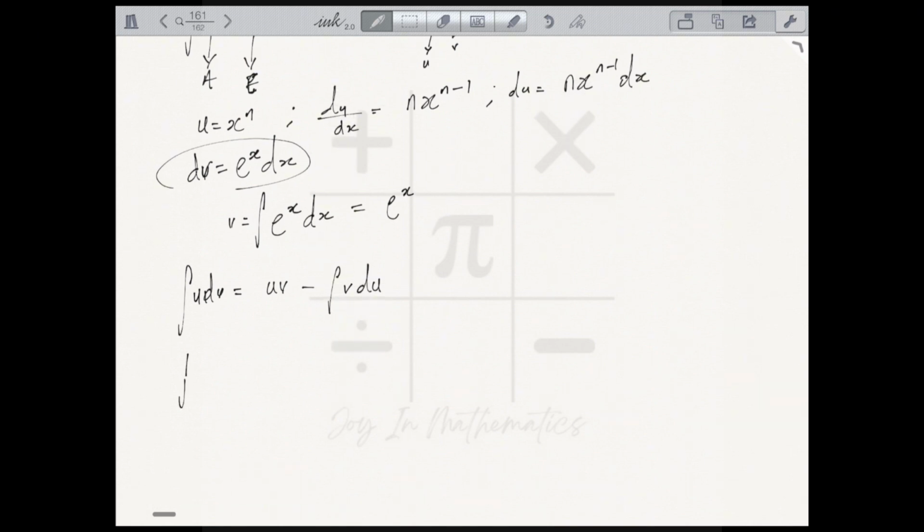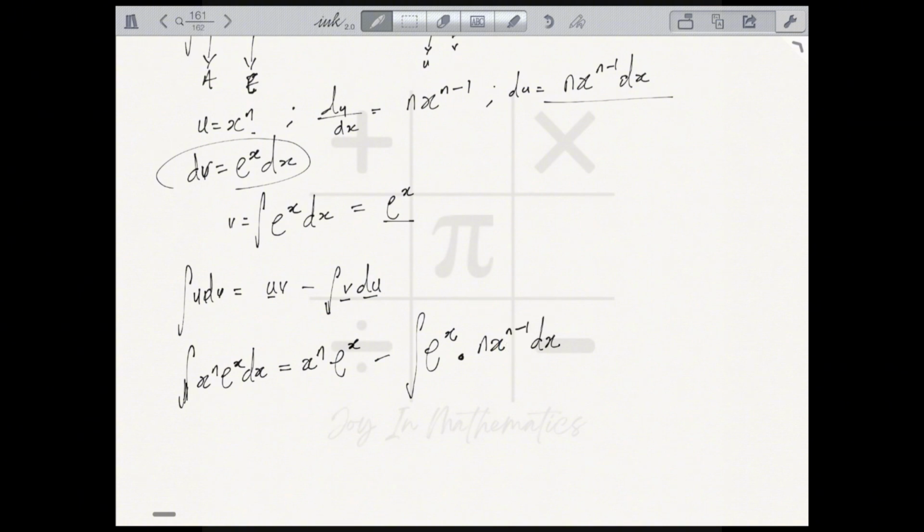Therefore, the integral of x raised to the power n exponential x dx is equal to u, our u is x raised to the power n, times v, which is exponential x, minus the integral of v, our v is exponential x, and our du is nx raised to the power n minus 1 dx.